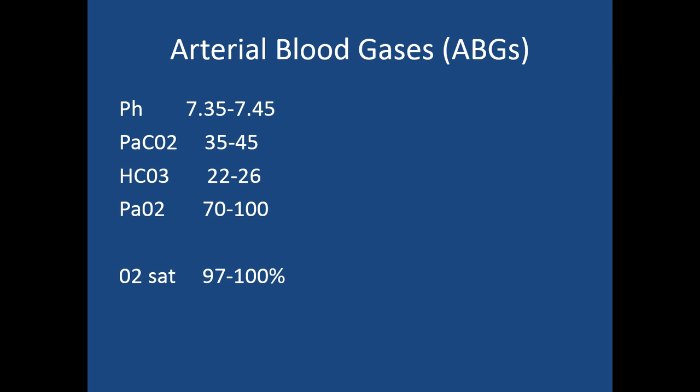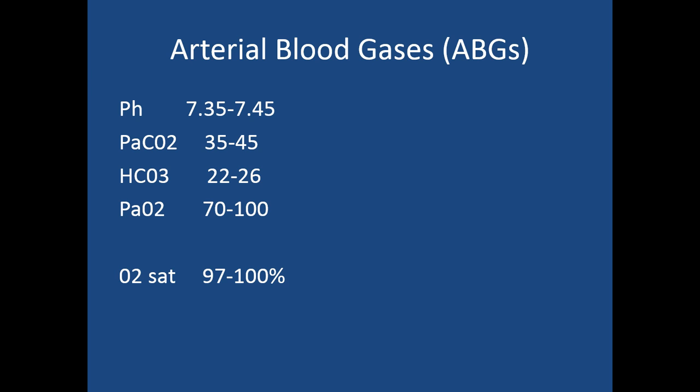And our PO2, or oxygen level, should be between 70 and 100. And our saturation, which is a little different, so PO2 is from the blood. Oxygen saturation can be taken both from the blood sample and from the little probe on the finger, should be between 97 and 100. Again, if gas levels change in the body, we can see changes in arterial blood gases.